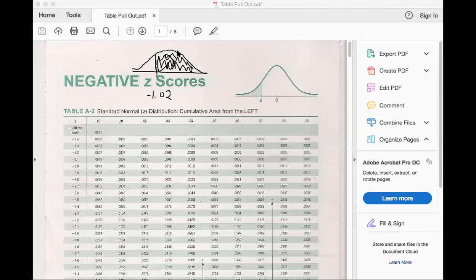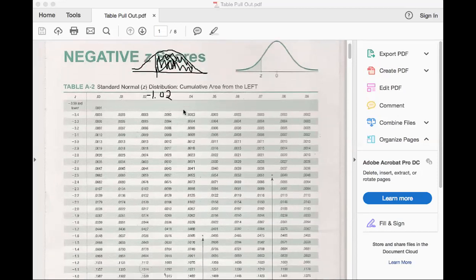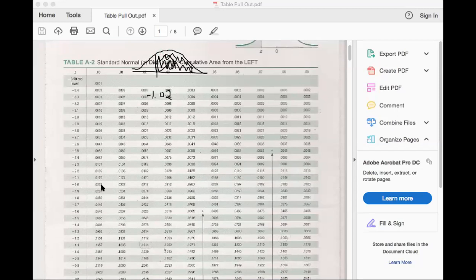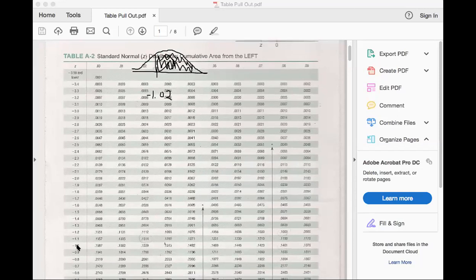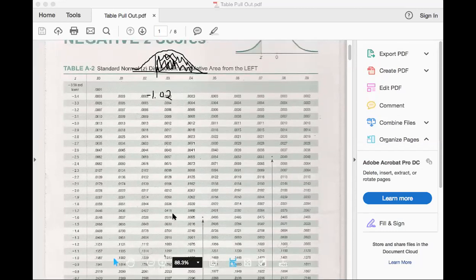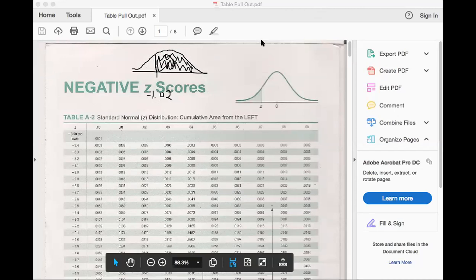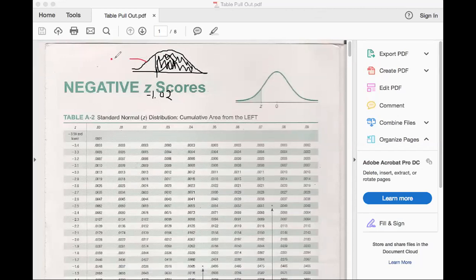Would you just do the same thing and then take the opposite of? Yes, exactly. So I'd go find negative 1.02, negative 1.0 and 0.02. So there's that 0.1539.